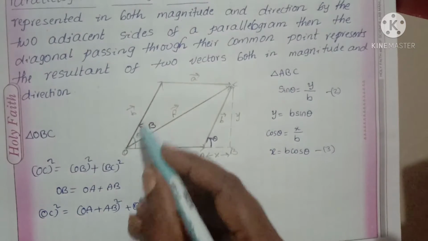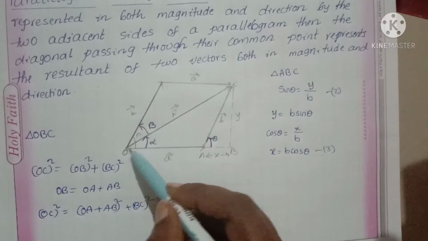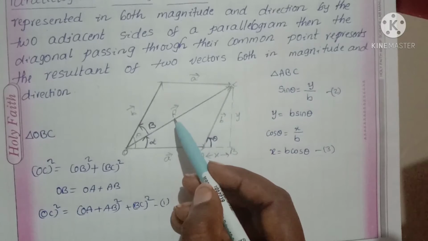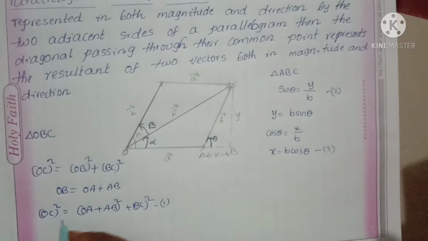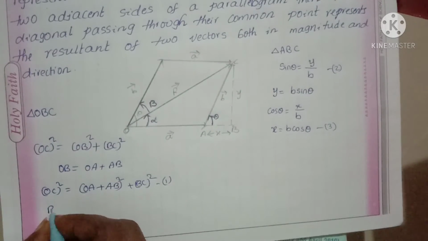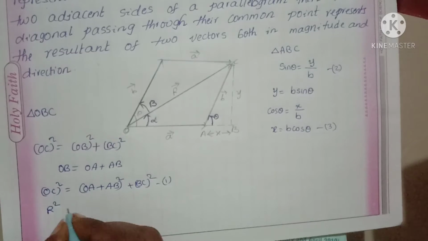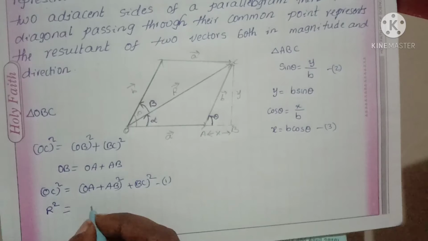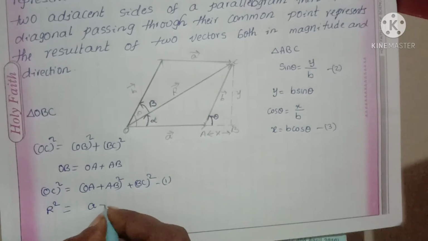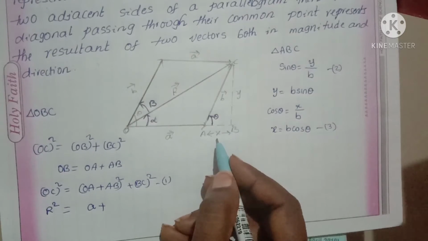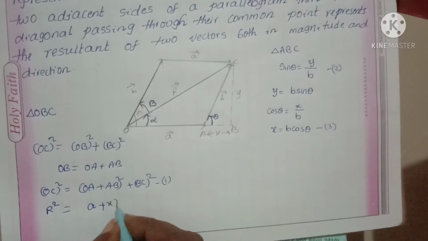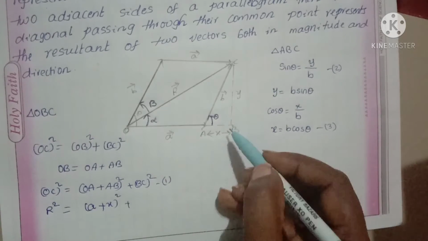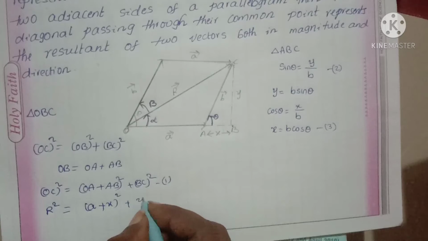Now in this diagram, OC is represented with letter R. So here we can write R square equals OA represented with A, plus AB represented with X, whole square, plus BC represented with Y square.